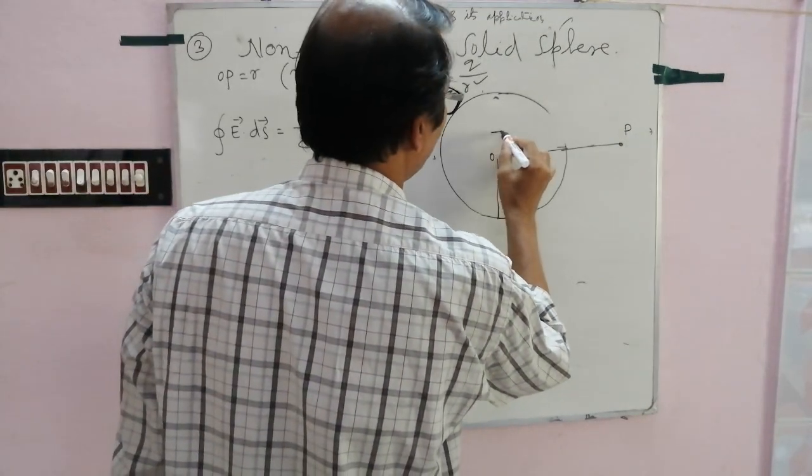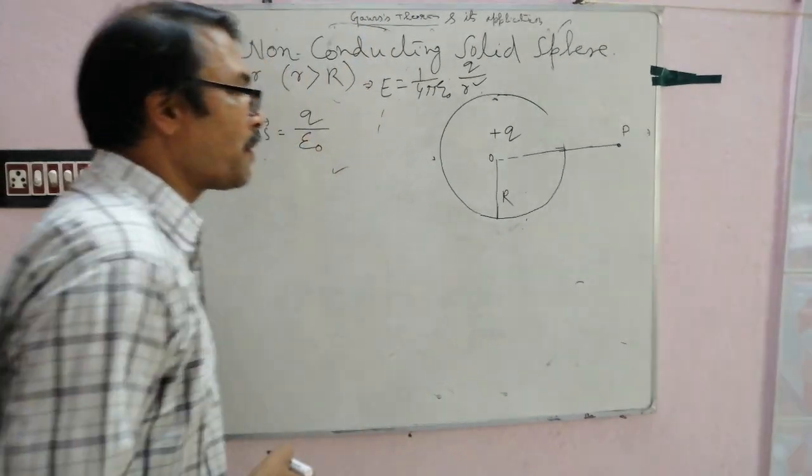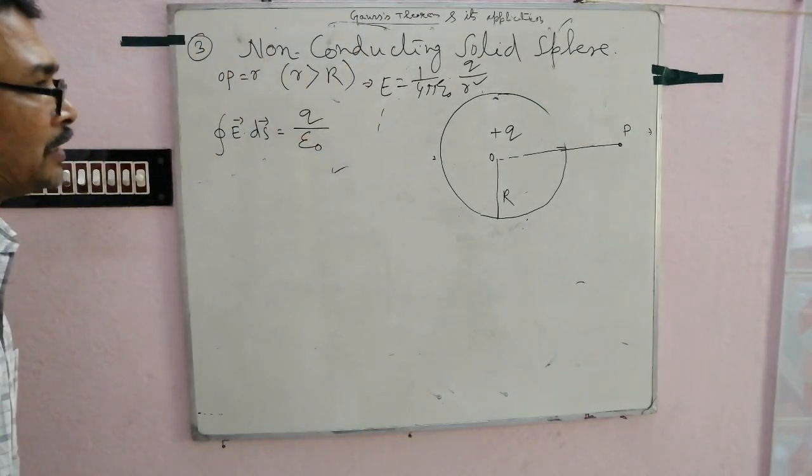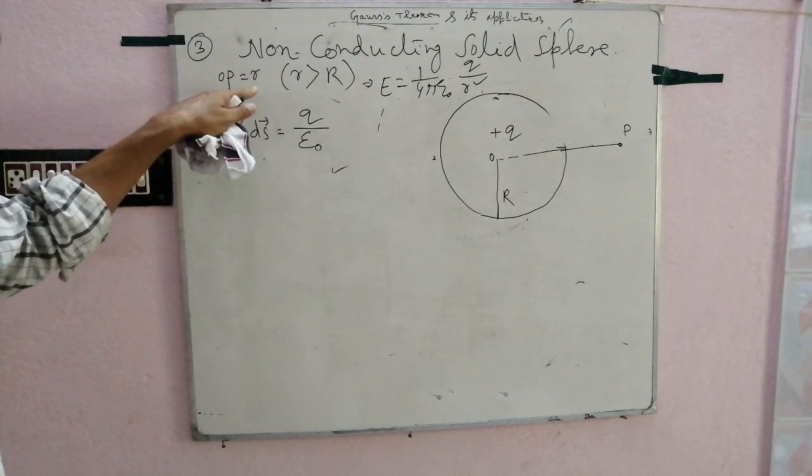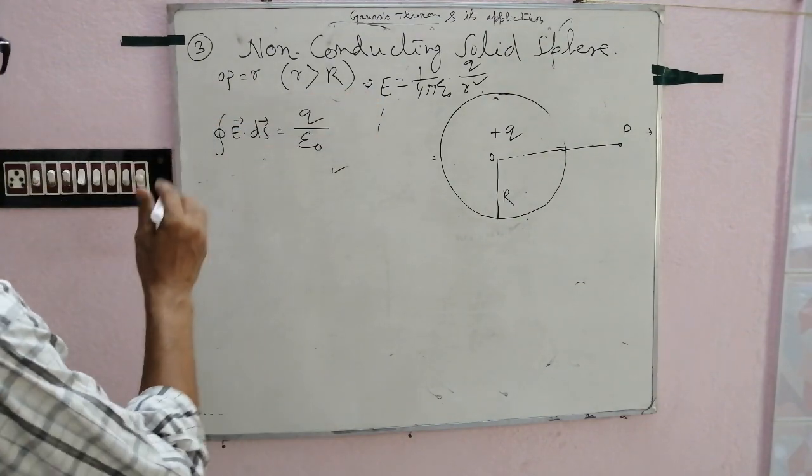Total charge Q, plus Q or minus Q, as you like. No need to prove this case extra.